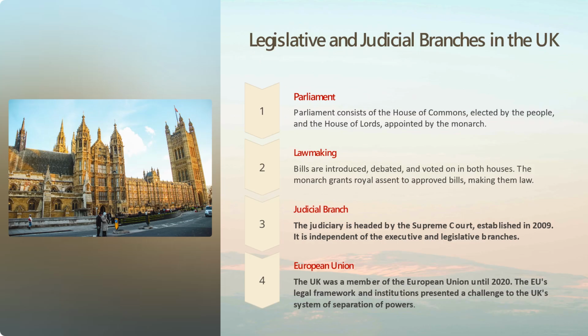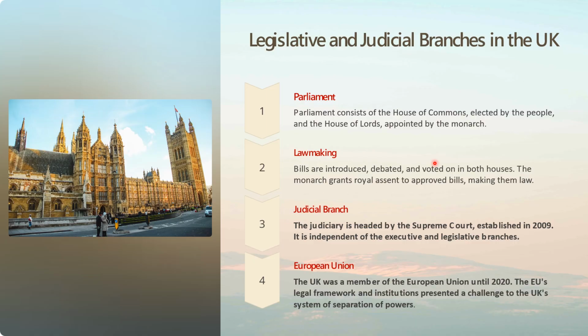Legislative and judicial branches in the UK. The legislative branch in the UK is composed of Parliament. The Parliament consists of the House of Commons, elected by the people, and the House of Lords, appointed by the monarch.